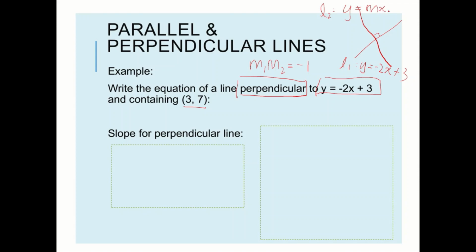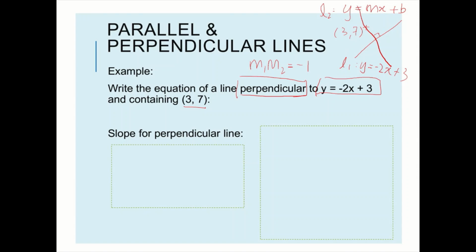Generally the equation is y equals mx plus b, and line 2 contains the point 3, 7. This diagram is just for illustration, for us to understand the situation. It doesn't mean that the diagram must look like this.